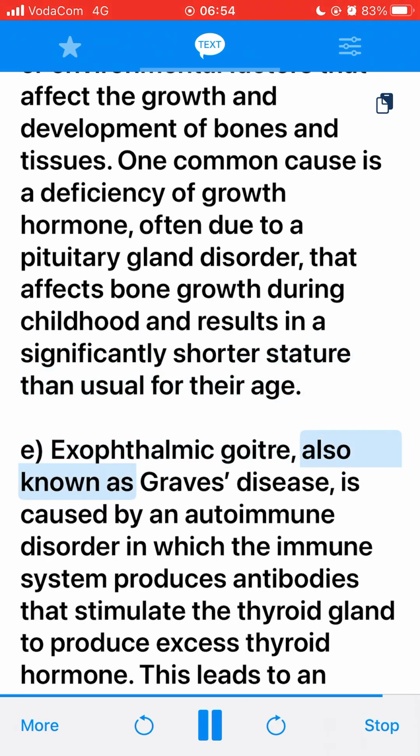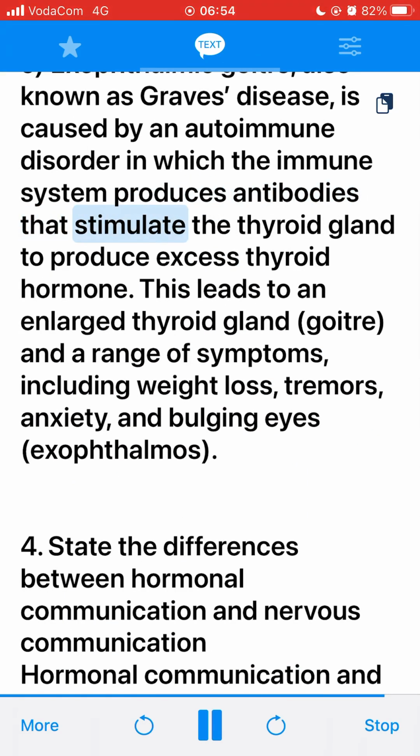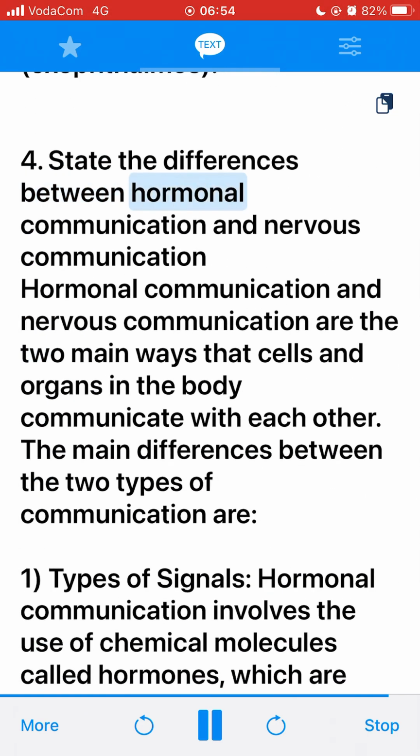E. Exophthalmic goiter, also known as Graves' disease, is caused by an autoimmune disorder in which the immune system produces antibodies that stimulate the thyroid gland to produce excess thyroid hormone. This leads to an enlarged thyroid gland, goiter, and a range of symptoms, including weight loss, tremors, anxiety, and bulging eyes, exophthalmos.